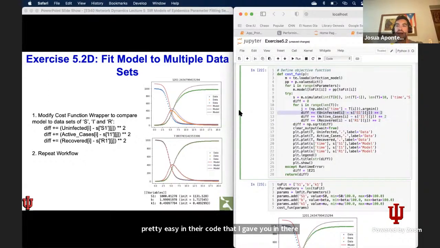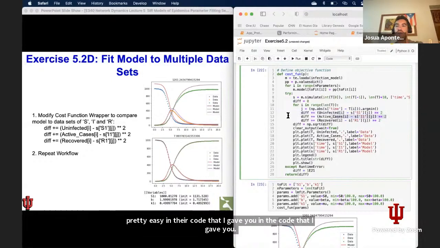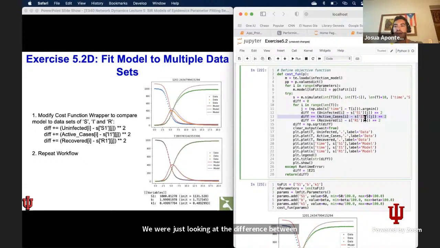In the code that I gave you, we were just looking at the difference between active cases and infectious individuals in our model, but we can also look at the difference between uninfected or susceptible individuals. And we can also look at the difference between recovered individuals in the actual data and the model predictions.